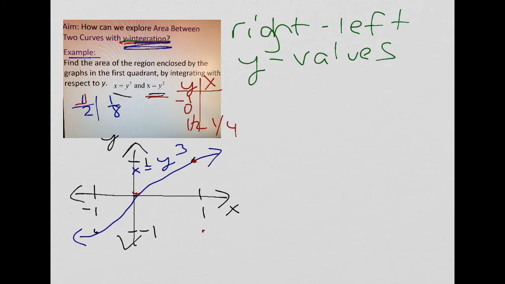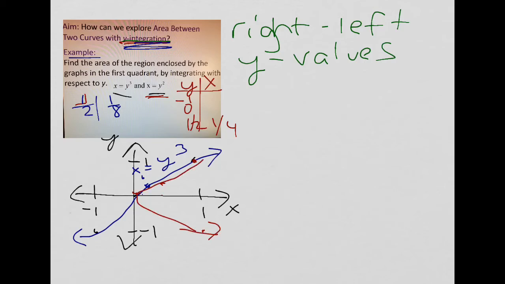So this one is closer to 1/2. Actually, it should be there. And when x was 1/4, let's say here, then it's 1/2. Okay, so the x equals y squared equation more or less comes this way.